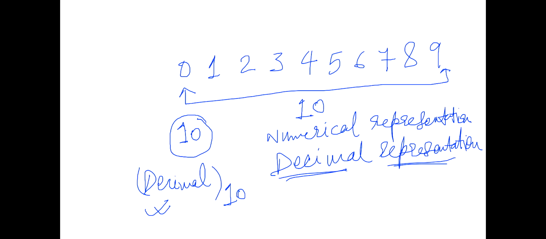If we have 5 digits, then this decimal representation has a base of 10, and that one would have a base of how much? 5. Do you understand this, Ruchi? Yes.